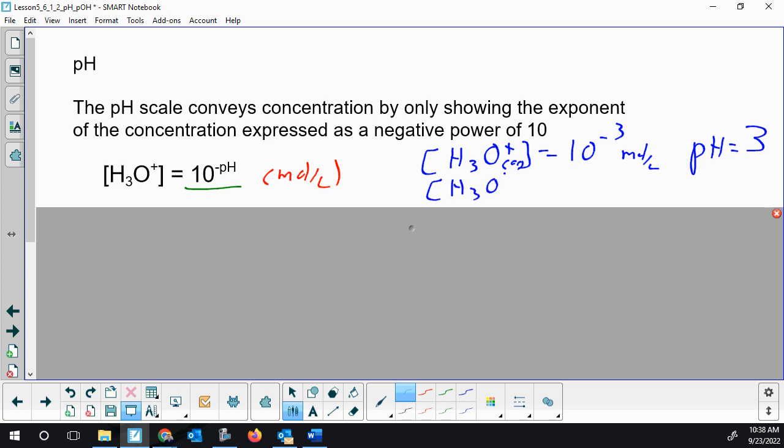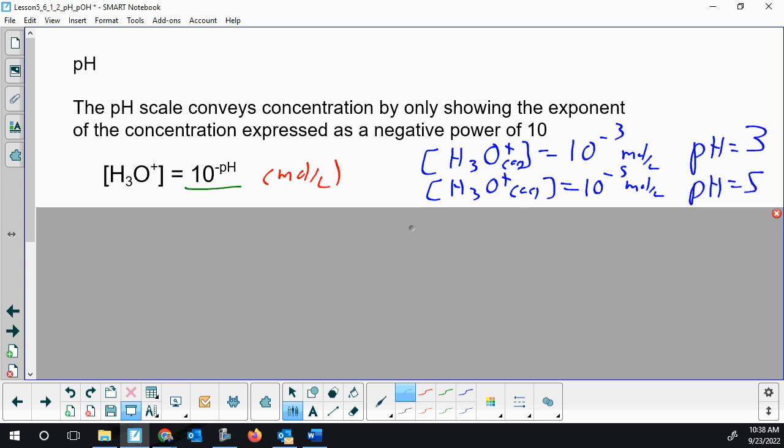If you had a hydronium ion concentration equal to 10 to the minus 5 moles per liter. So that's much smaller. Decimal 0, 0, 0, 0. 4 zeros after the decimal before you get to a 1.